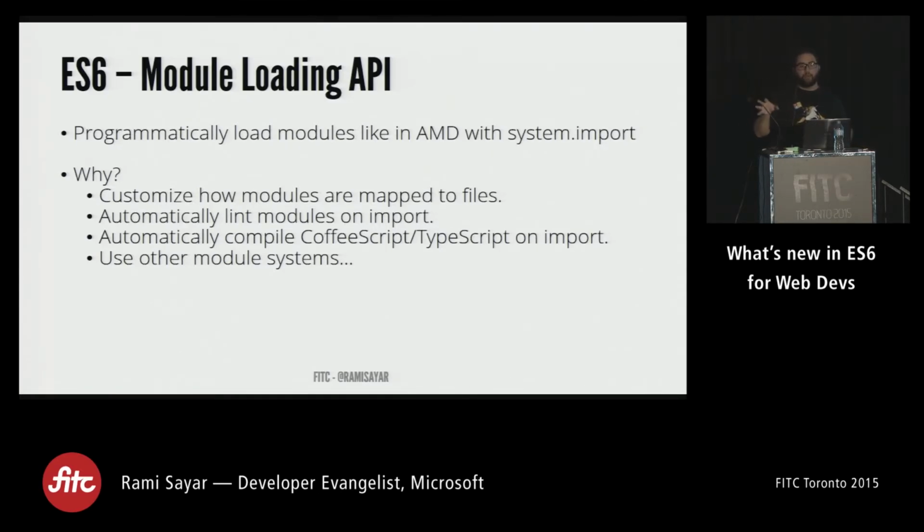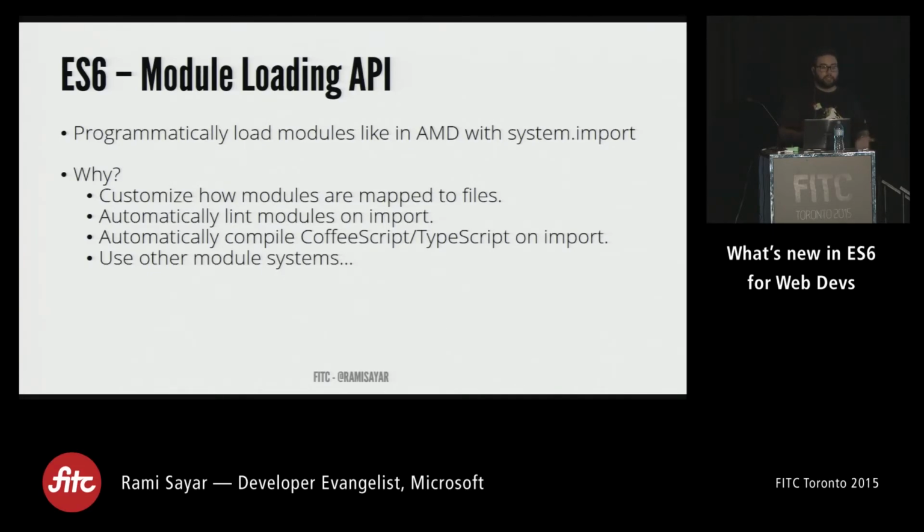Okay? Let's say that I wanted to map, as opposed to a file on my local system, something in a CDN. So whenever I wanted to load a module, I can say, hey, import this thing. And because I've customized my module loader function, I've customized the import function, it's going to then go to a CDN as opposed to the default site that I'm in, or the default file system that I'm in. So that's something that you can do.